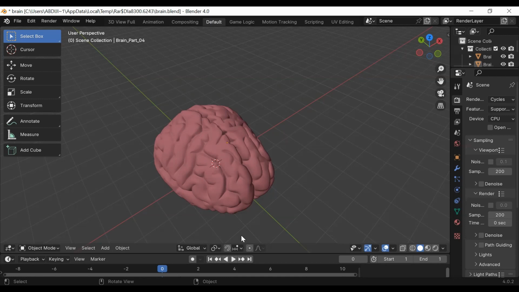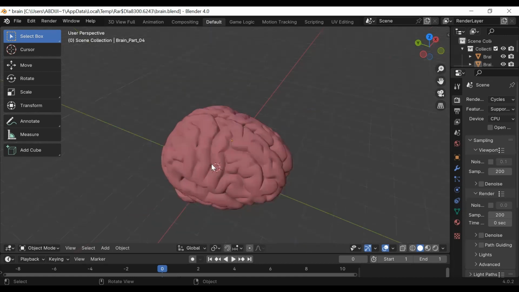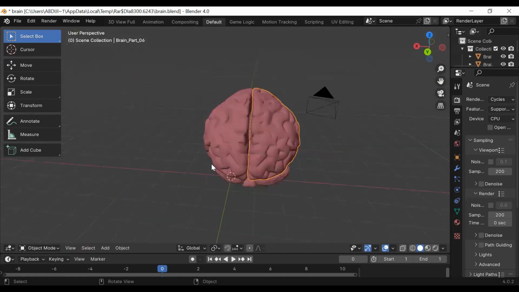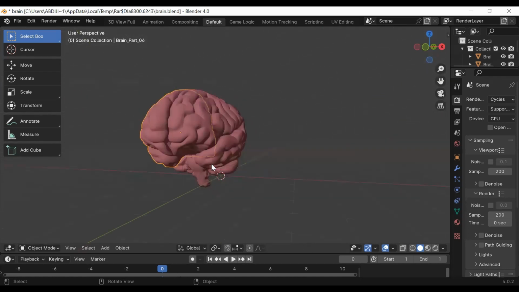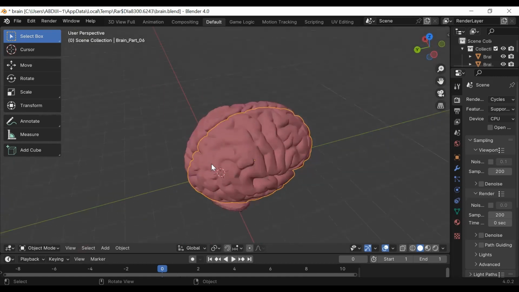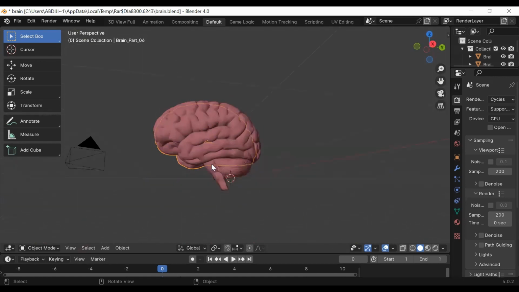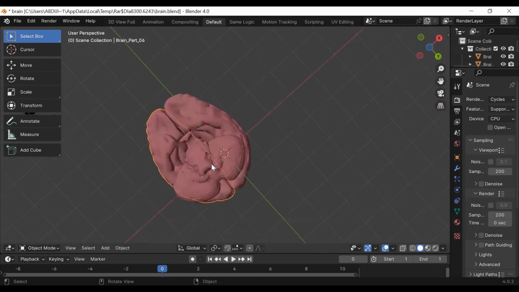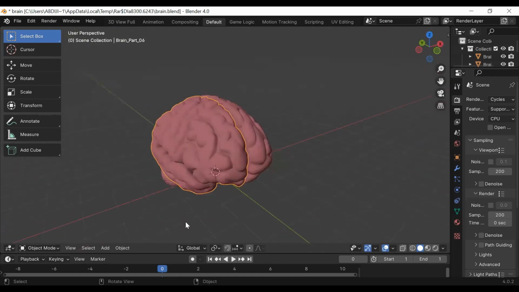Several health issues can impact brain function. Traumatic brain injuries can result from accidents and cause cognitive impairments. Chronic conditions like epilepsy involve abnormal brain activity leading to seizures.